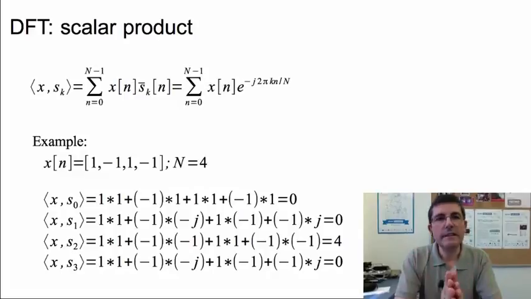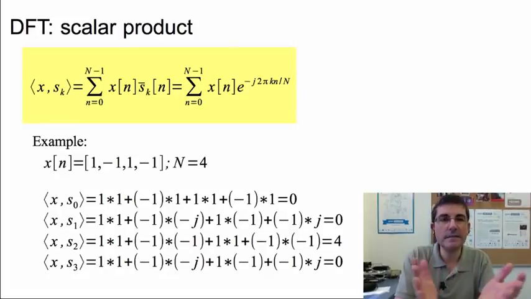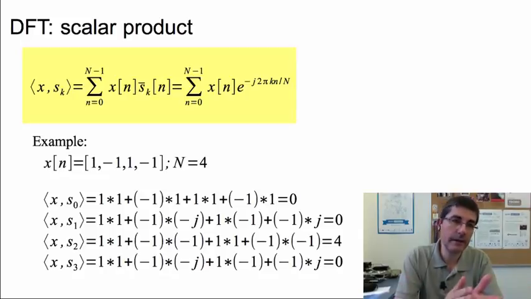Okay, so the DFT equation can also be expressed by this equation, which emphasizes the idea of scalar product, in which we are doing the scalar product of x of n, our input signal, by the n complex exponentials.